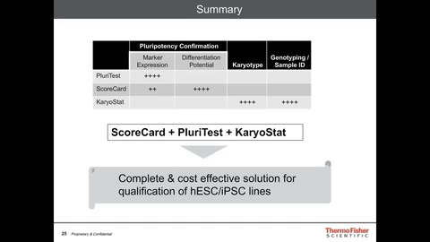PluriTest confirms pluripotency by an exhaustive analysis of global gene expression profiling, whereas Scorecard utilizes a focused gene panel, tells us about the lineage-specific differentiation potential and pluripotency. And finally, KaryoStat performs karyotyping and genotyping in one single experiment.